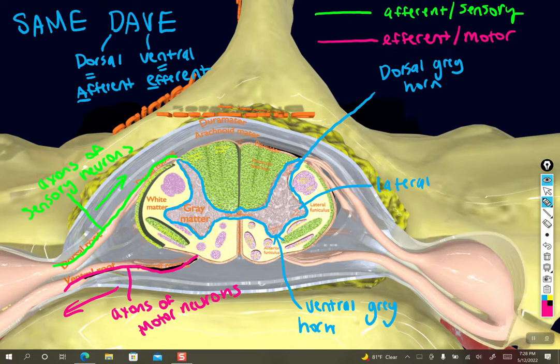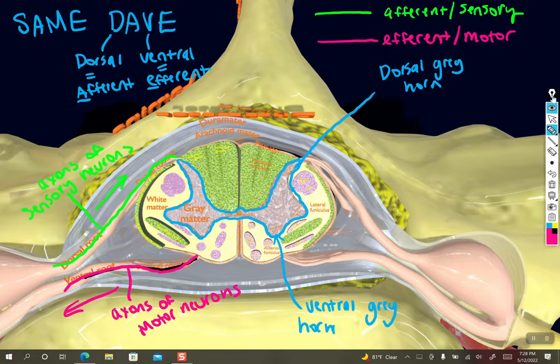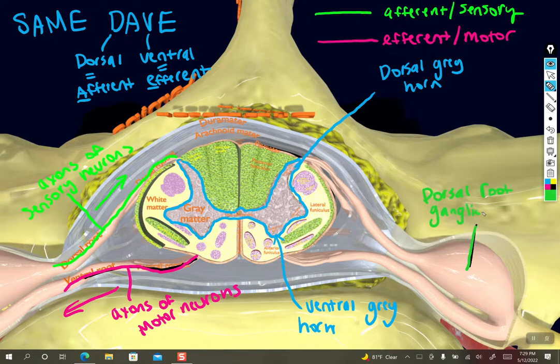So one thing you could potentially do is take screenshots of the drawing as it develops and changes so you don't miss anything. So this thing, well, let's make it green. It's the dorsal root ganglion. So it's worth taking the time to define ganglion.